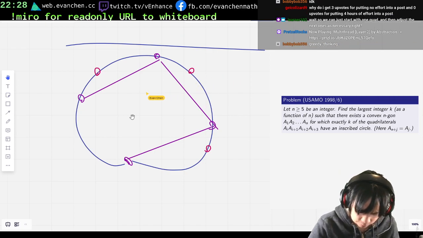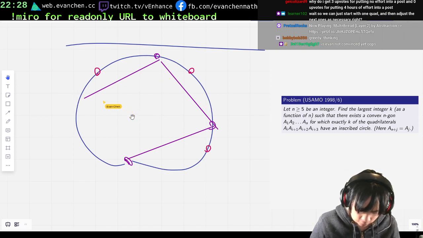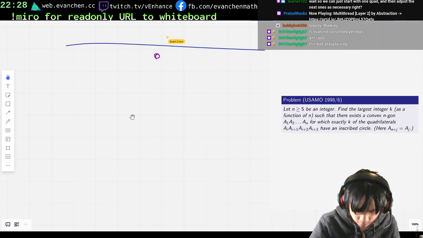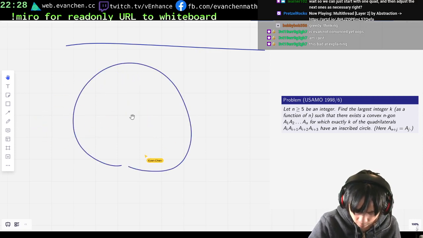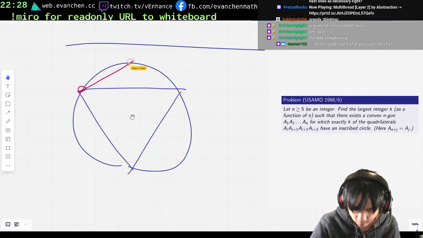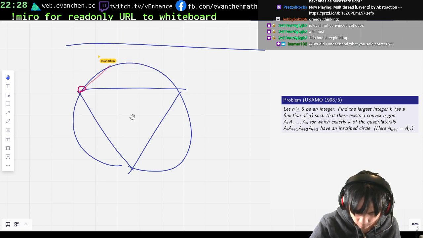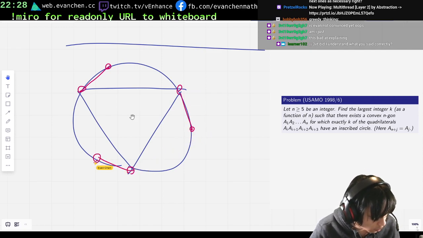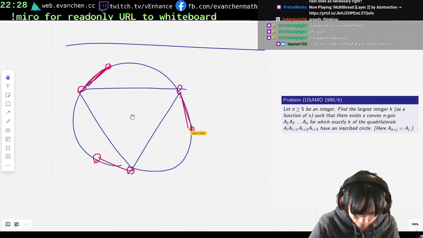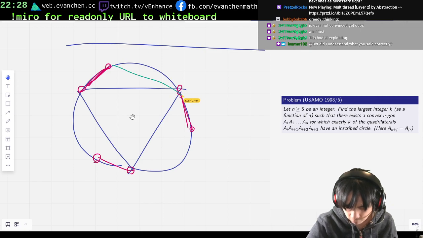Hang on. Something feels weird to me. The idea was that we try to vary this length, and then I'm not convinced the monotonicity of these functions is going the right way.